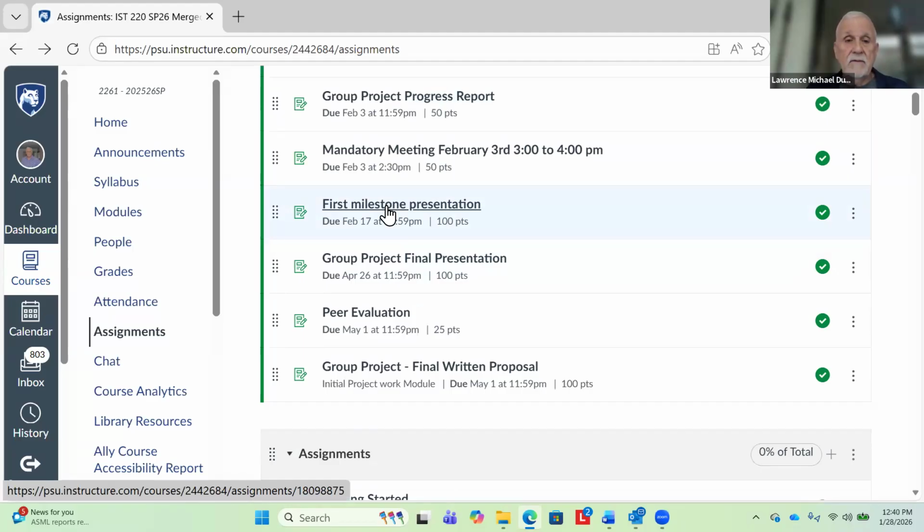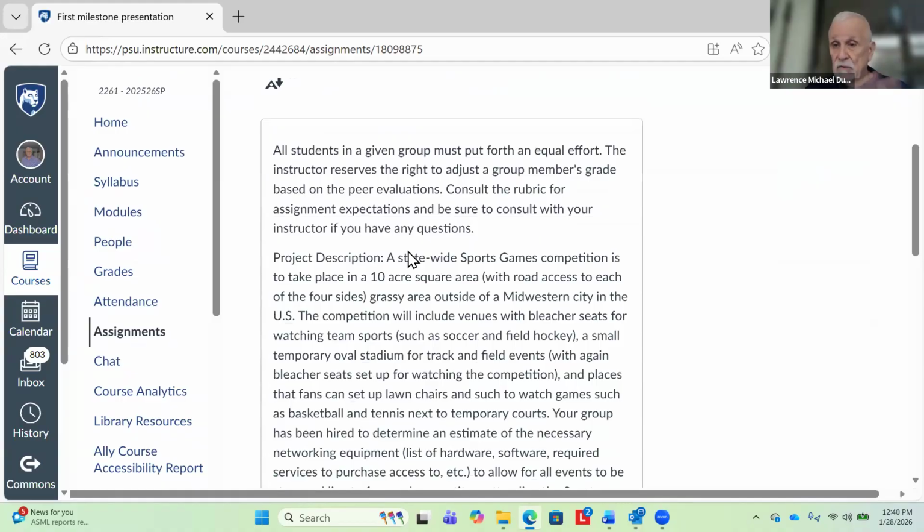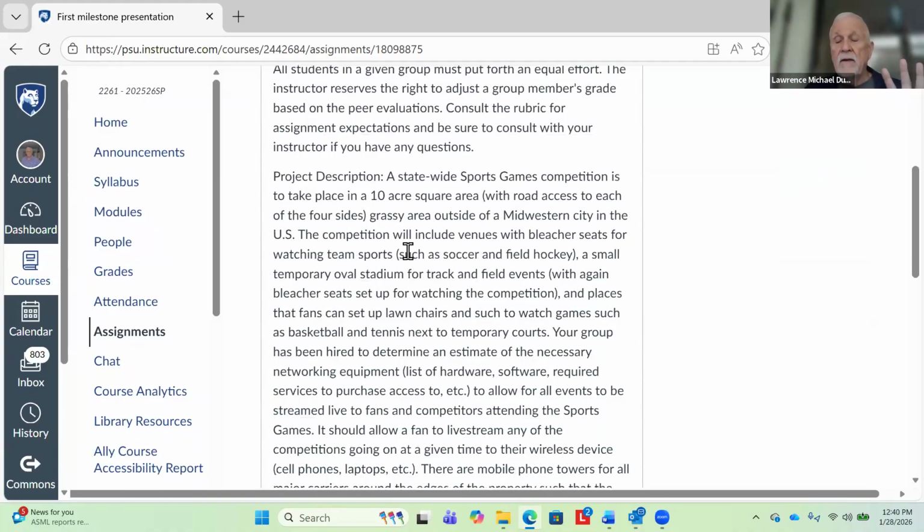And let me get this up on here. Now, you can read this yourself. The idea is that for your final project, you're going to be putting in a network solution for an outdoor sports complex that's being built for a statewide sports game competition.